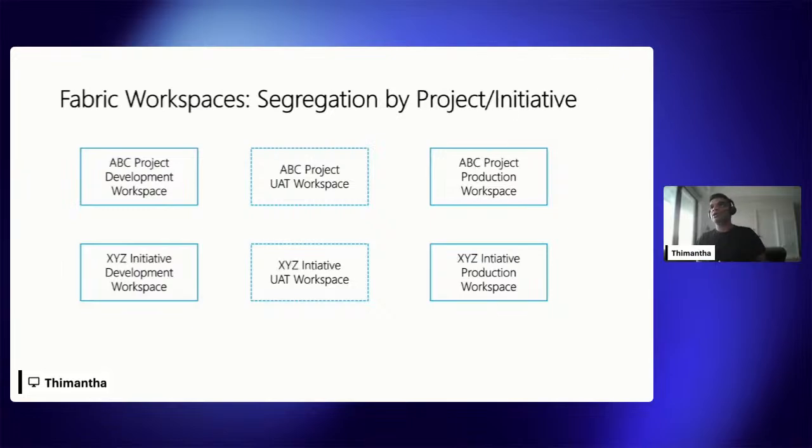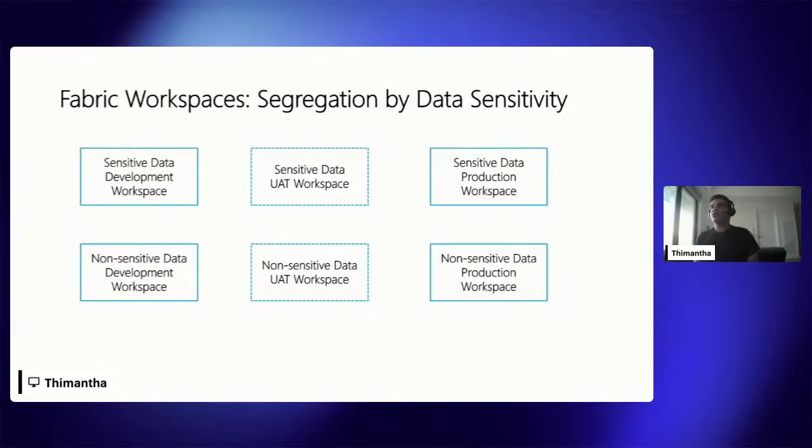Then we can also segregate the workspaces by project or initiative, right? For a particular project or initiative, you can simply segregate all the Fabric items related to it. Finally, you can also segregate the Fabric items based on data sensitivity.